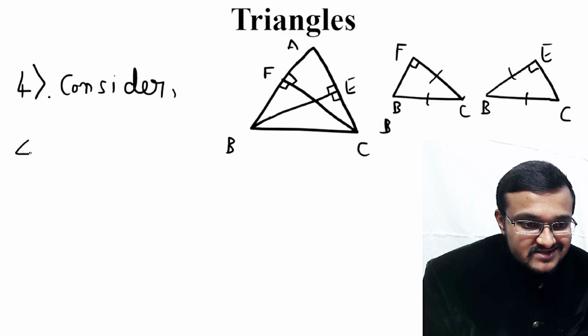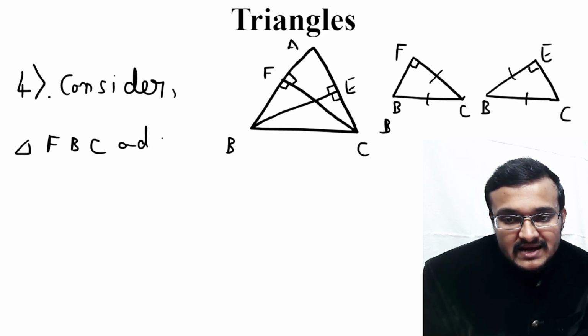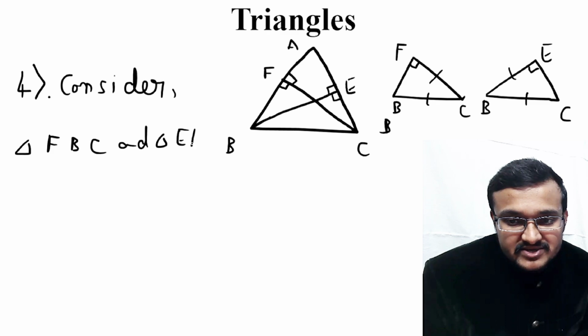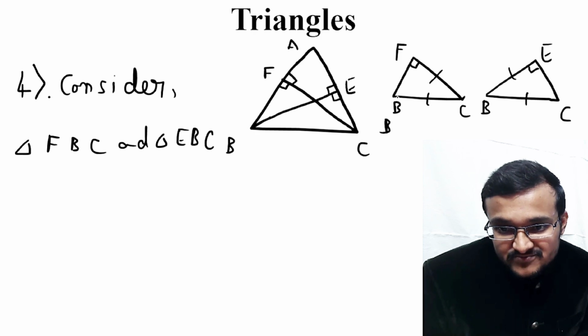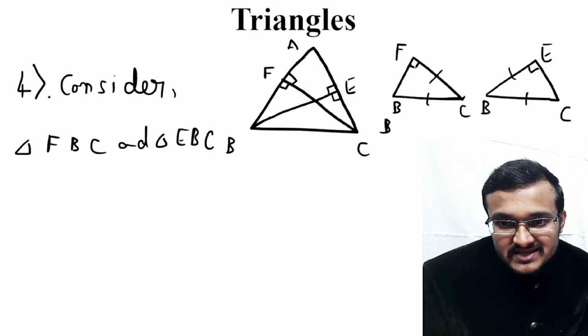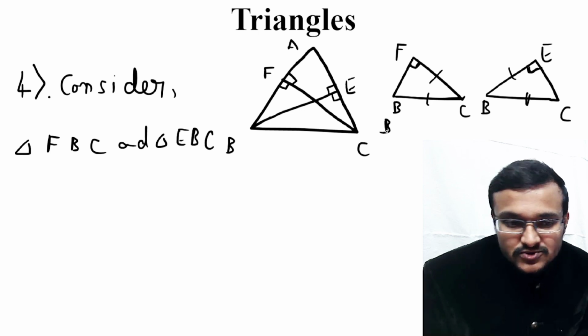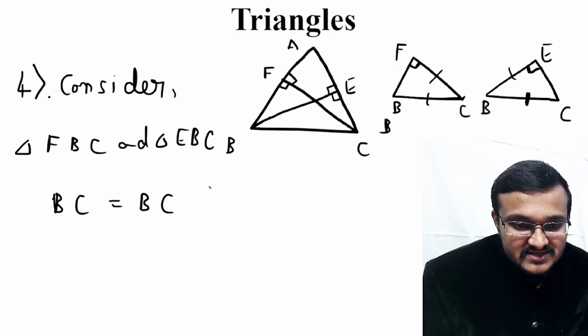So now we will consider triangle FBC and triangle EBC. So in these two triangles, this BC acts as the hypotenuse because this is 90 degree. So opposite to 90 degree will be the hypotenuse. So here hypotenuse is getting equal to each other. So BC is equal to BC.